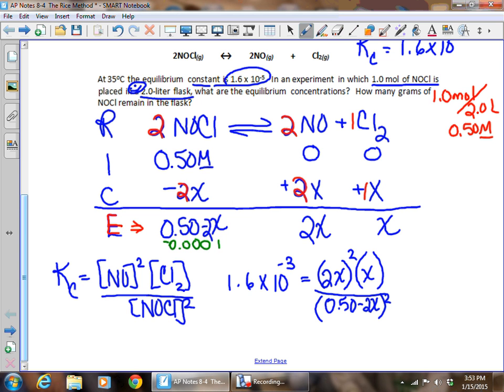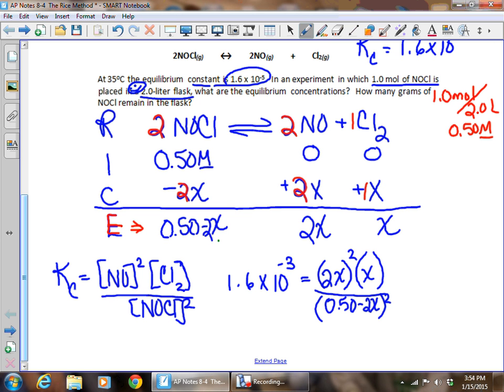So the rule is that we can neglect any x that is added or subtracted, as long as it is less than 5% of our original value.